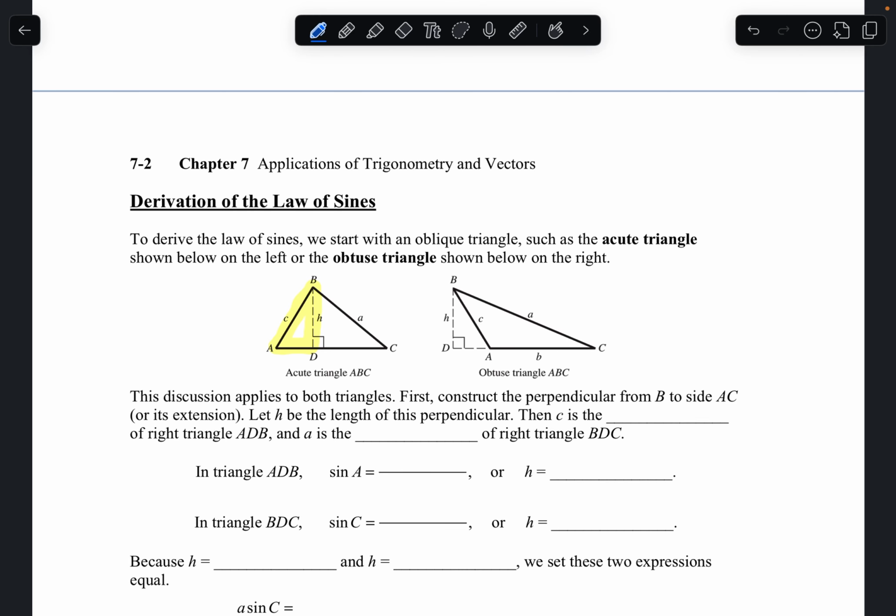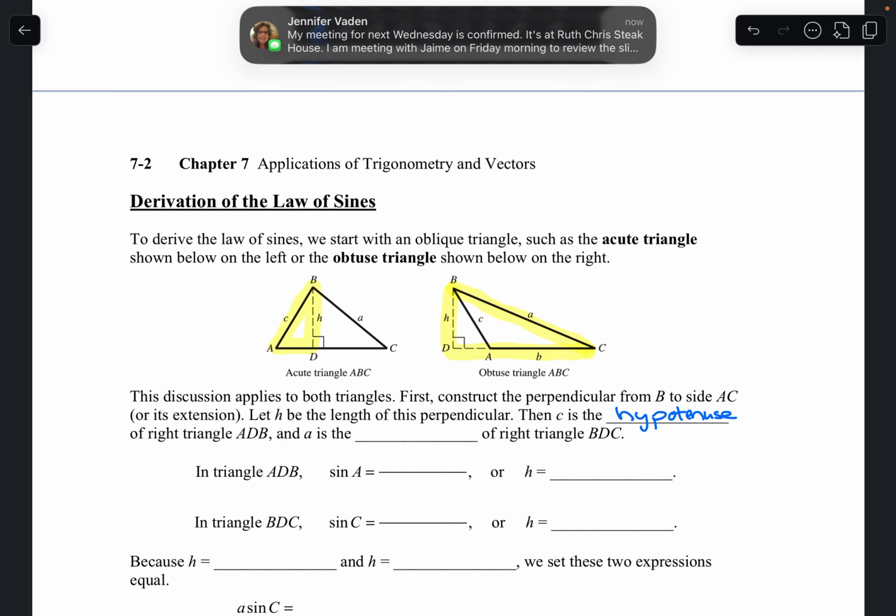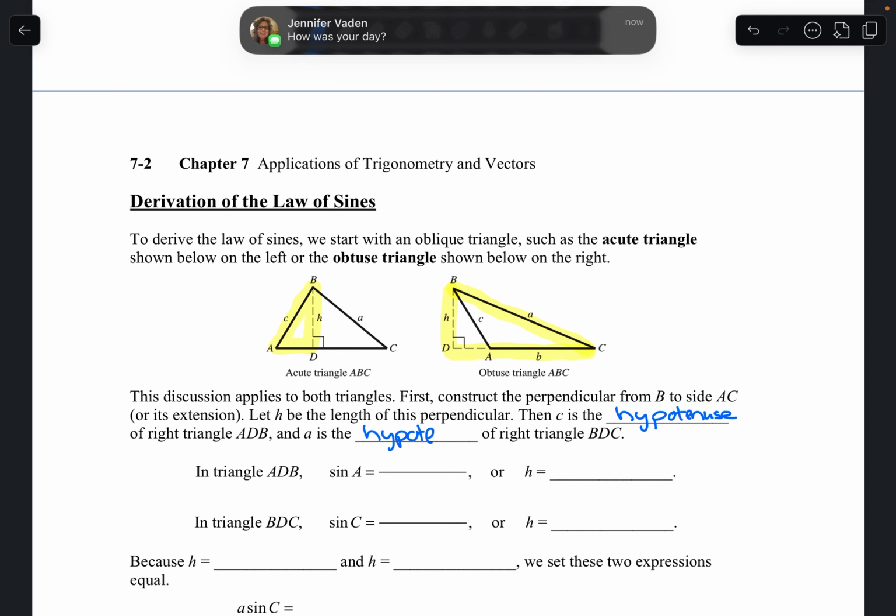If you notice, triangle ADB, which I've highlighted in yellow on the acute triangle, and over here we're talking about BDC, then C is the hypotenuse of right triangle ADB, and A is the hypotenuse of right triangle BDC.